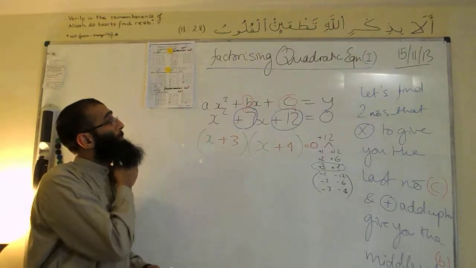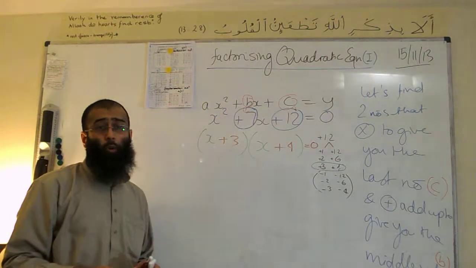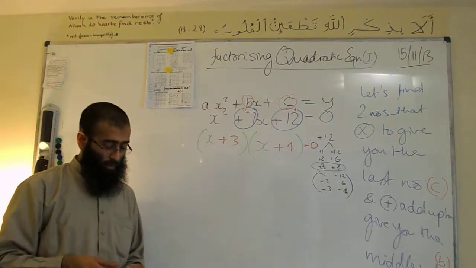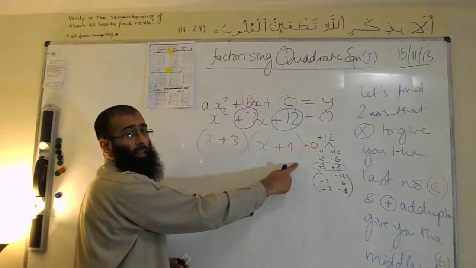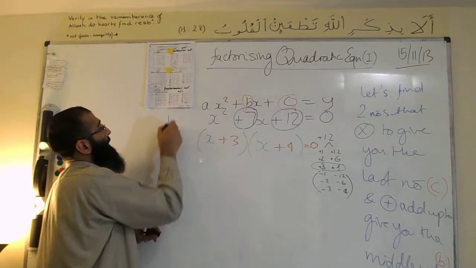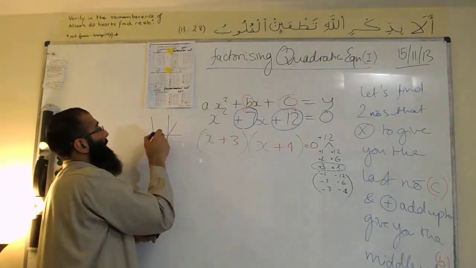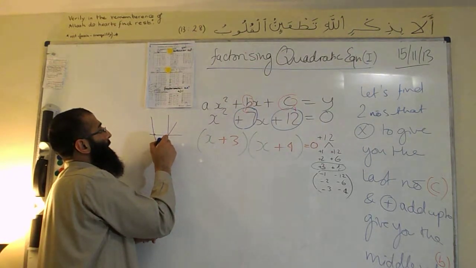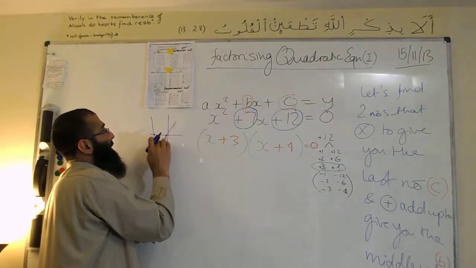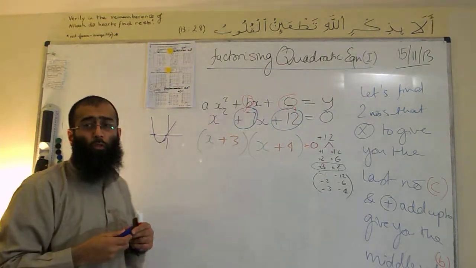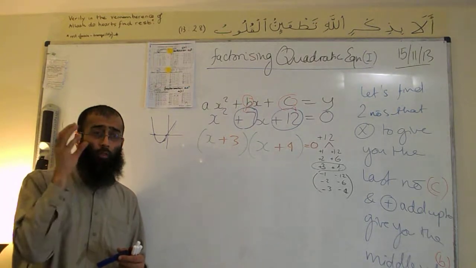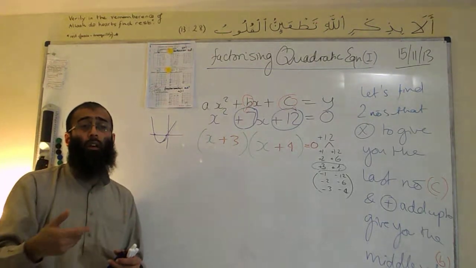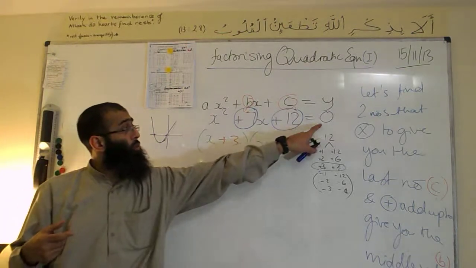Now, the next step is, we factorize this quadratic equation, we need to solve it. What does it mean to solve a quadratic equation? When you solve a quadratic equation, you're looking for the roots of the quadratic equation, which means the part of the quadratic equation which cuts the x-axis, i.e. when y equals 0.